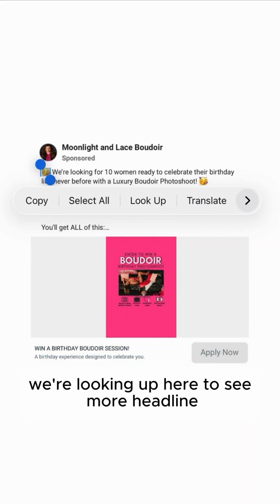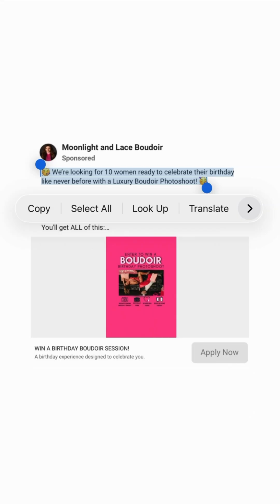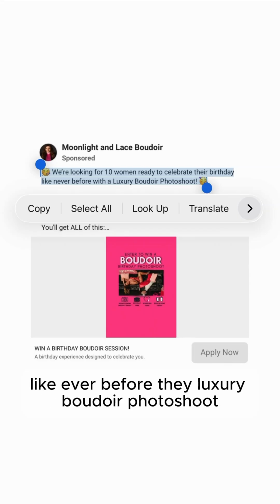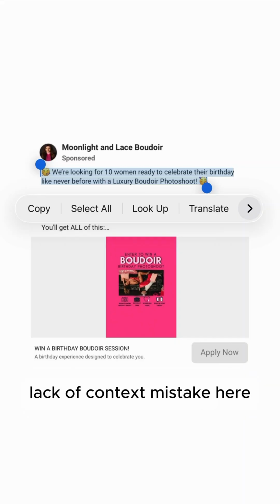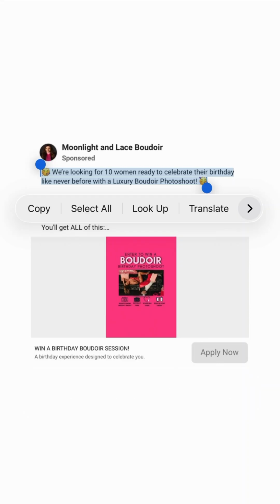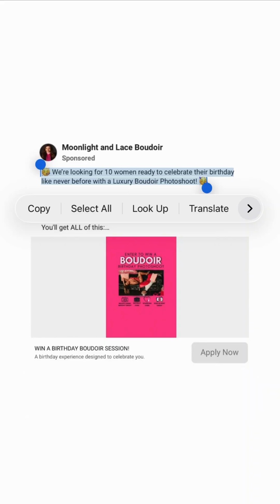Finally, we're looking up here to see the headline. First 2 3/4 lines, Facebook newsfeed mobile. Let's say we look for 10 women ready to celebrate their birthday like ever before, the luxury boudoir photo shoot. All right, so yeah, lack of context mistake here. We've got a few context points, but not enough for us to be optimized, having the maximum number of the correct women click in, and as many of the wrong women scrolling by as possible.